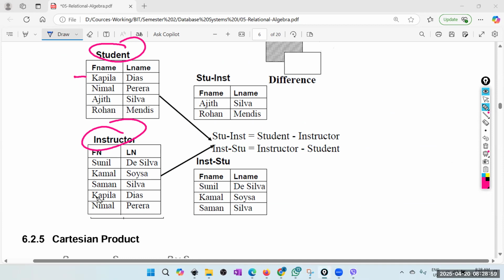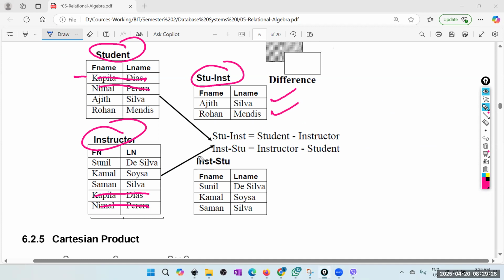So Kapila Dias is here. So therefore, Kapila Dias won't be in student minus instructor. Nimal Pereira is here. And Nimal Pereira is here also. Therefore, that is also not taken for student minus instructor. I'm interested in this. Ajit Silva. Here you don't have Ajit Silva, so therefore Ajit Silva is in our result. Rohan Mendis, no Rohan Mendis here, so Rohan Mendis is in the result.